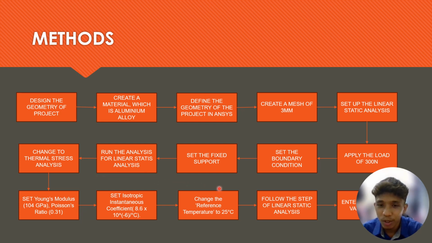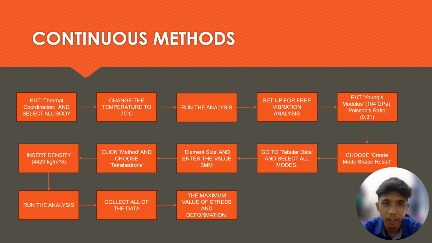Next, we follow the steps of linear static analysis. Then we put in the thermal condition and select all bodies, change the temperature to 75 Celsius, and run the analysis.